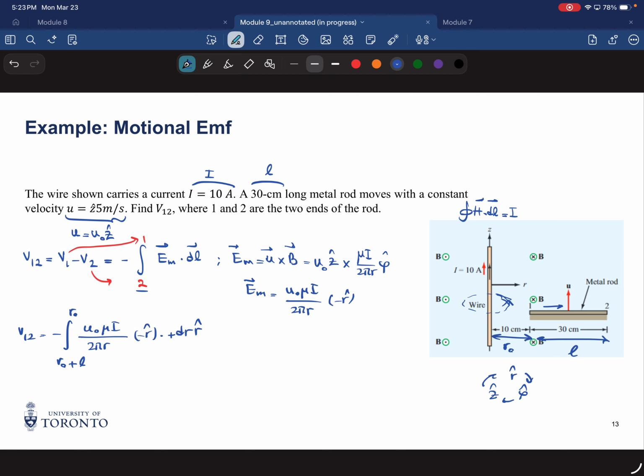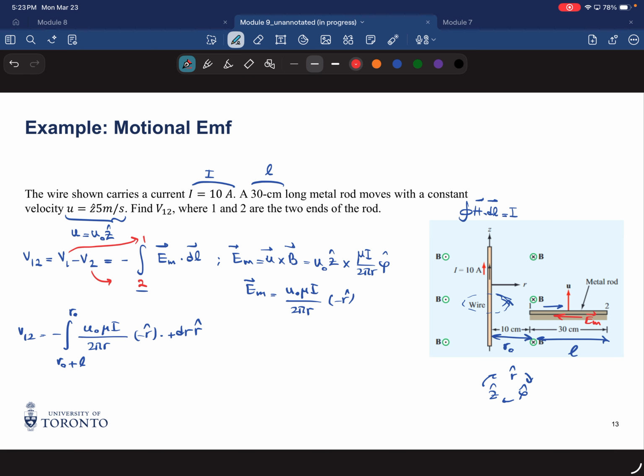Antoine, did you have a question? Can you repeat how dl is dr r hat? So let's look at EM, okay? EM is in the minus r hat direction. EM is basically in this direction, which says it goes from point 2 to point 1, okay? And I want to calculate the line integral of EM dot dl.